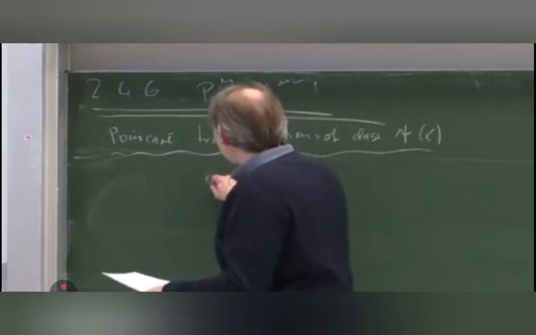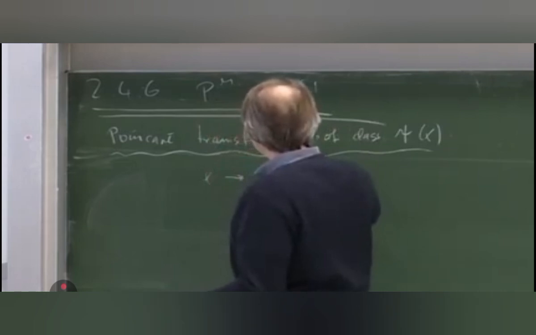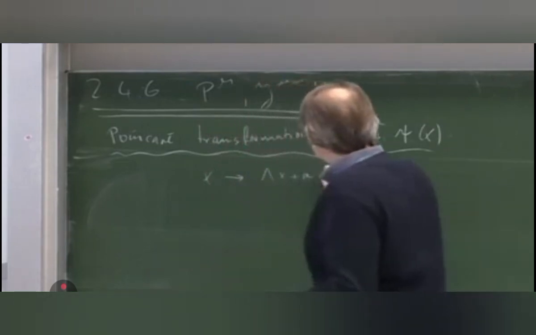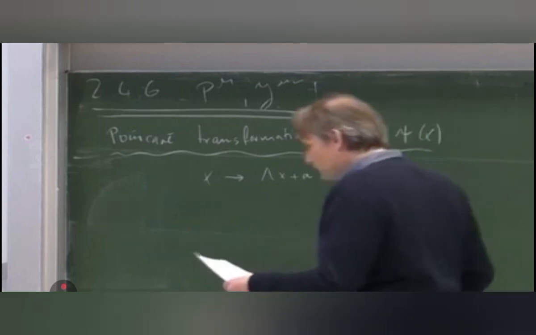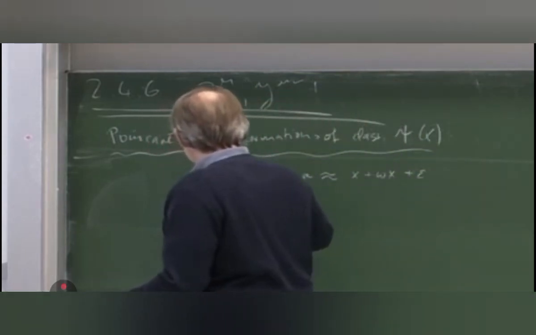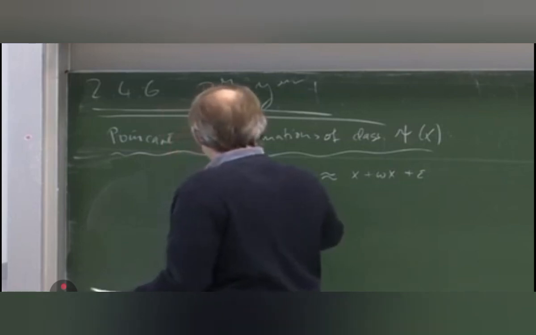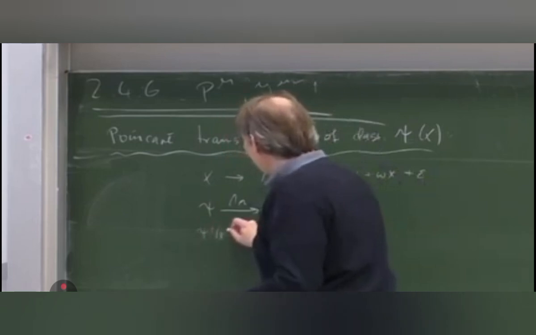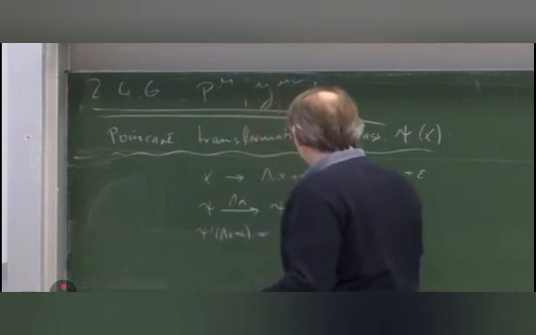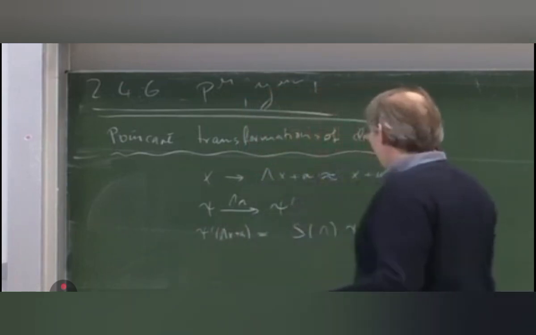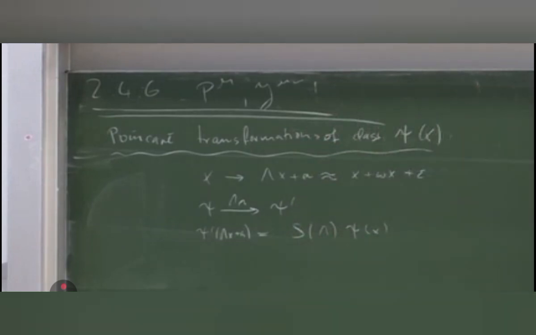So the Poincaré transformation is again x goes to lambda x plus a, which is approximately equal to x plus omega x plus epsilon, and our field psi goes under lambda, a to a new field psi prime, which has the property psi prime at lambda x plus a is equal to S of lambda times psi of x, and S of lambda was the Dirac representation of the Lorentz group given by I/4 commutator of gamma matrices.